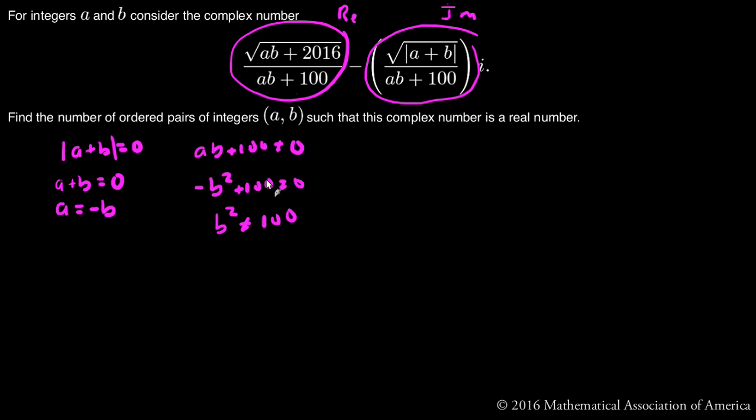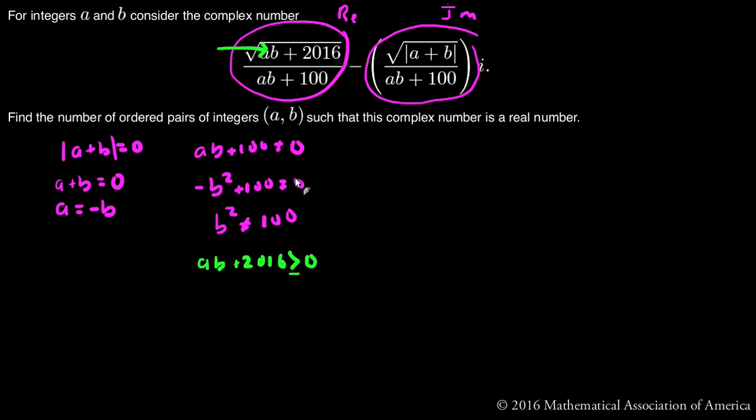Okay. Second issue. If I'm considering this as the real part, then I know that this part right here has to be positive. So we already said that a is equal to negative b. So we know that ab plus 2016 has to be positive, or sorry, positive or 0, could be 0.